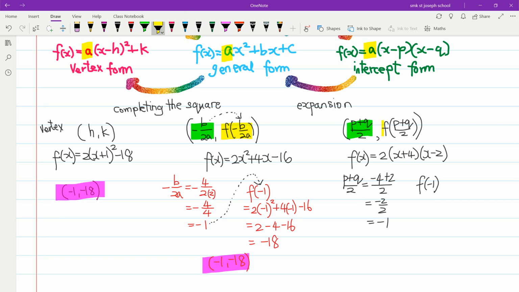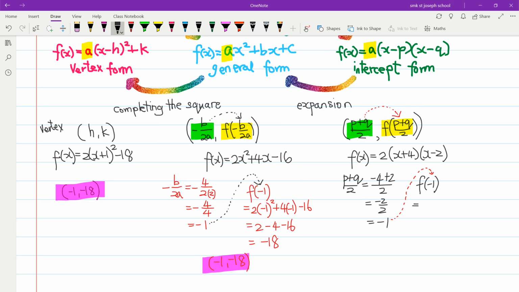Similar to what we did earlier, the negative 1 is actually from here. So the formula looks complicated, but it's actually quite straightforward if you are familiar with it.